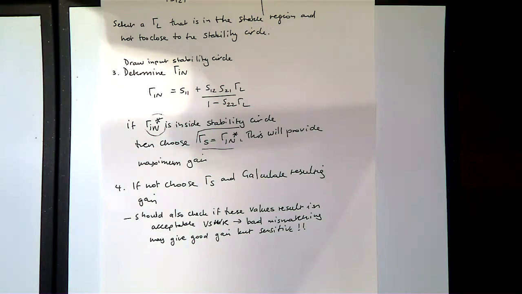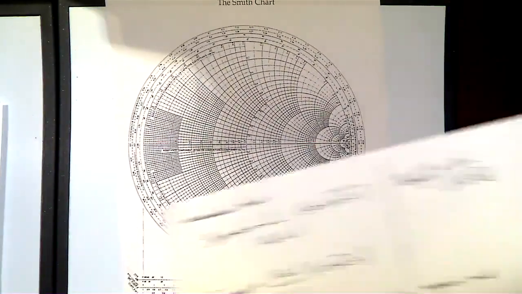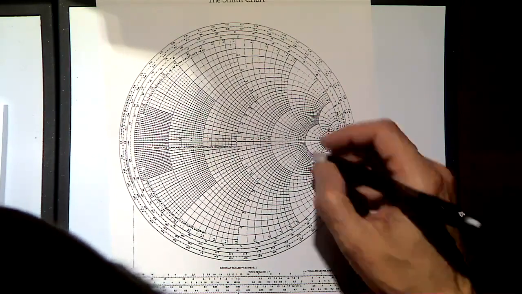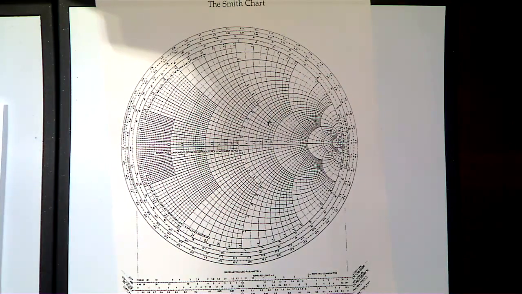How did we calculate that on the Smith chart? Who can remember? We did something on the Smith chart. Remember we were looking at transmission lines, and let me grab a clean Smith chart, one that I haven't scribbled on. What did we do? Suppose I gave you a point there. How would you work out the standing wave ratio?